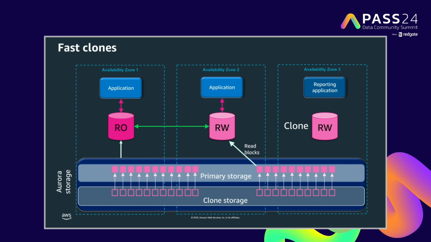But here you see the blank boxes. That means these are all virtual pages. So when you create a clone, it only creates virtual pages that point to the actual data pages in the primary storage. So if you issue any reads, all the reads will be redirected to primary storage.